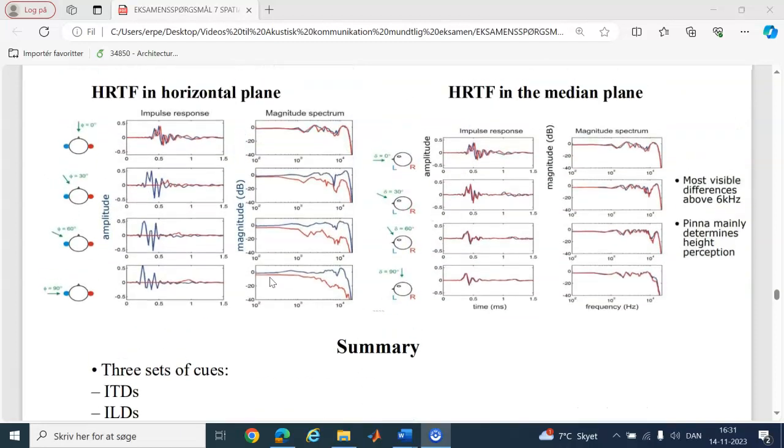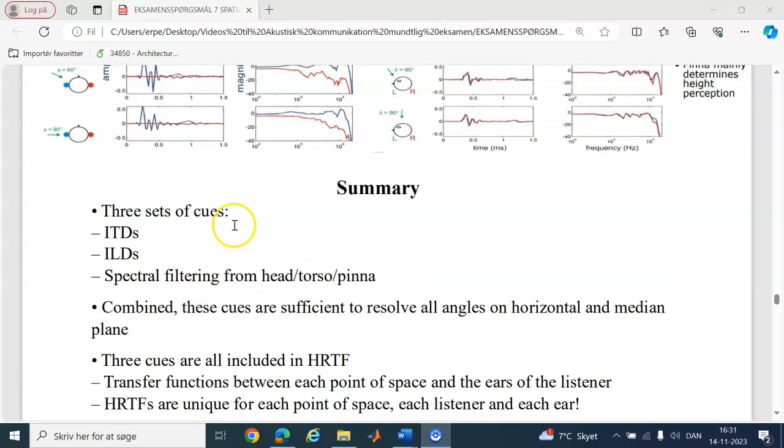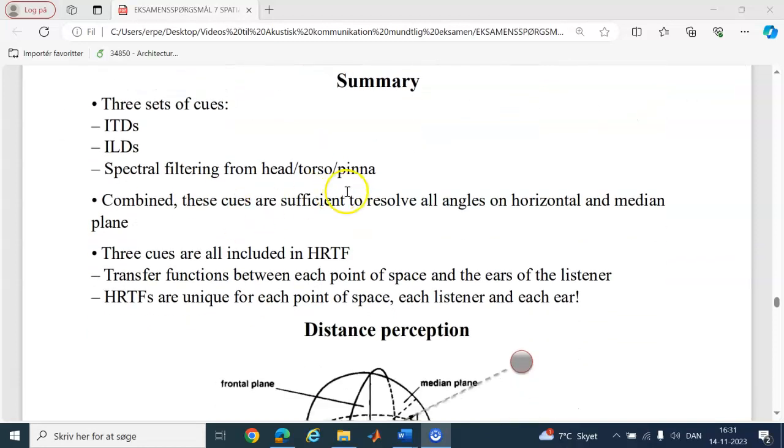Summary: three sets of cues. ITDs, ILDs, and spectral filtering from the head, torso, and pinna.